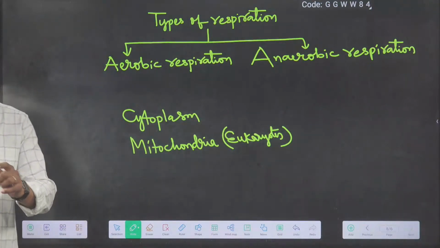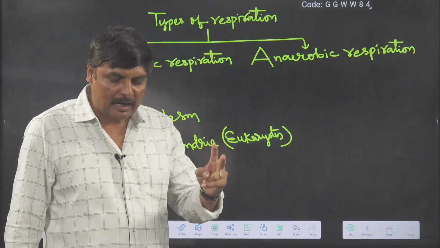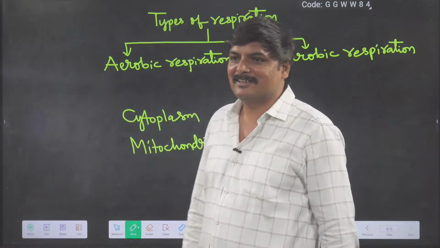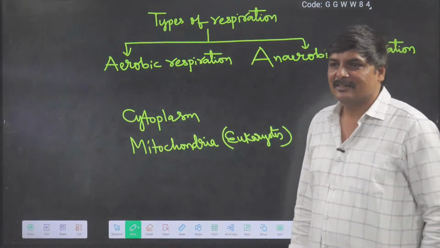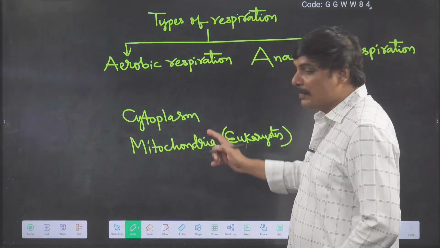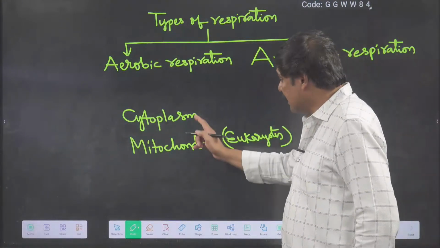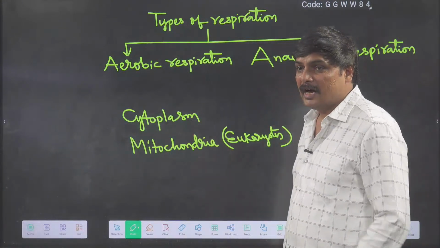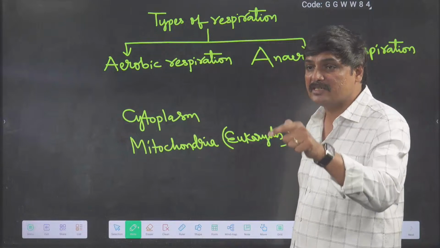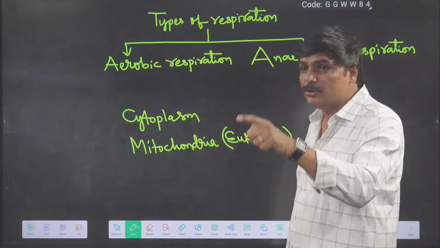That means respiration occurs in two places. Very, very important. Respiration occurs in two places: cytoplasm and mitochondria of the cells in case of eukaryotes.